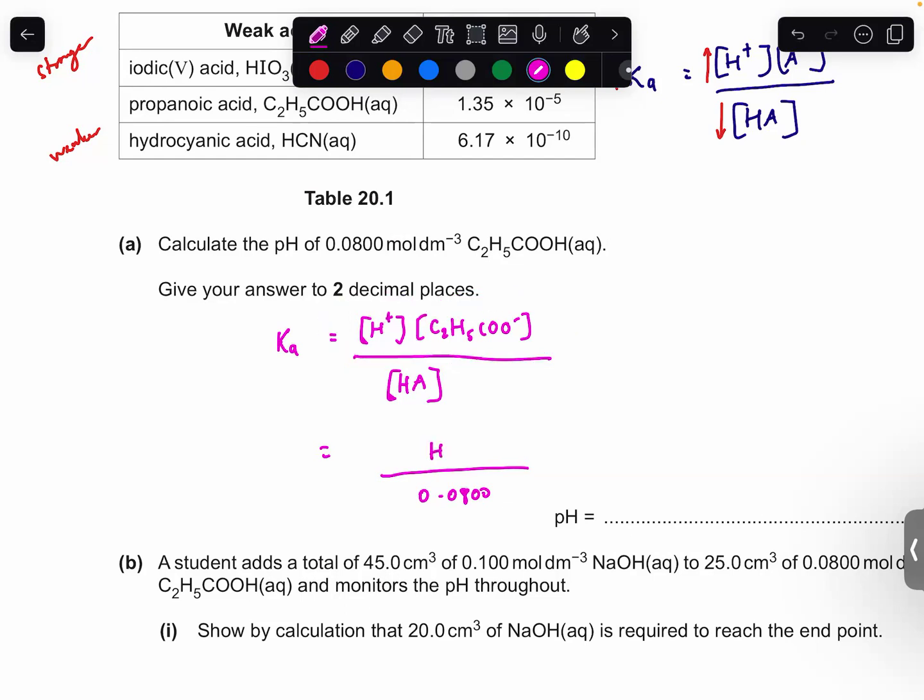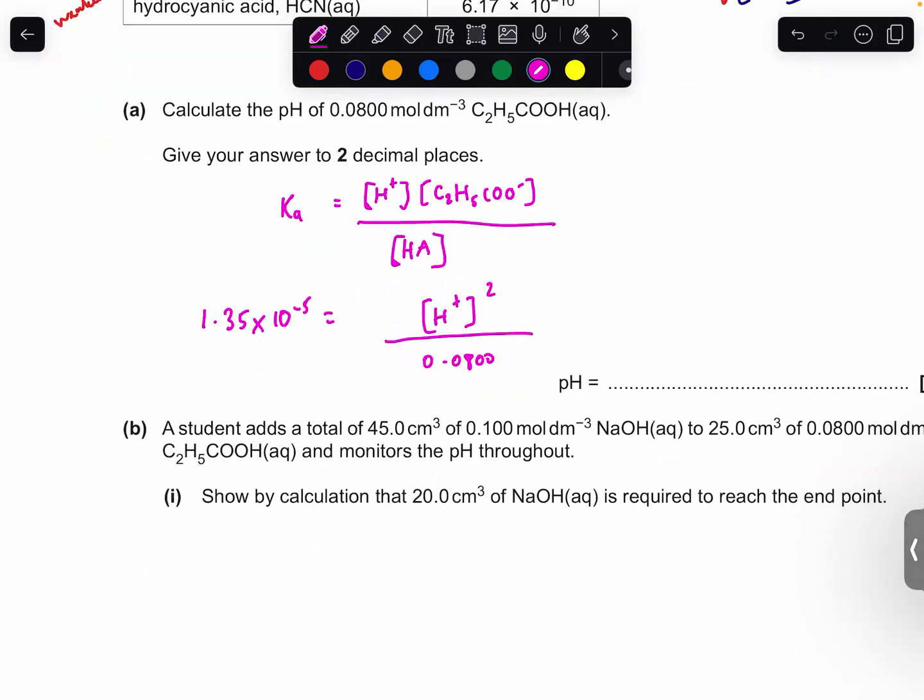So we change that to H plus squared. And Ka is given to us from the table. We rearrange, we square root, and we work out the H plus concentration, and then we plug that into the pH expression, and that gives us the pH.